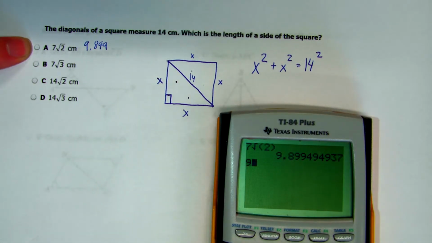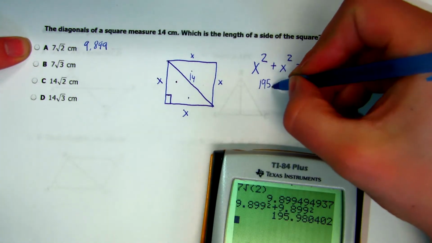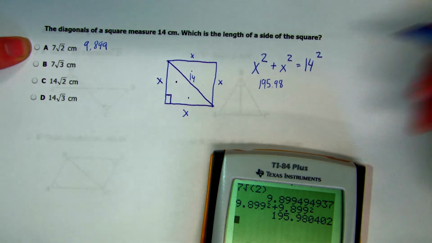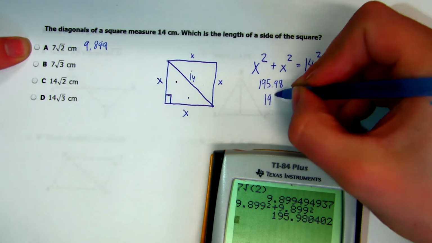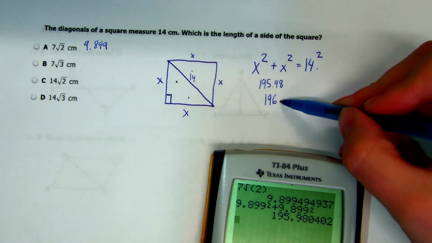So we would do 9.899 squared plus 9.899 squared, and we get 195.98, which is really close to about 196. So if the right side is 196, this would be the correct answer.